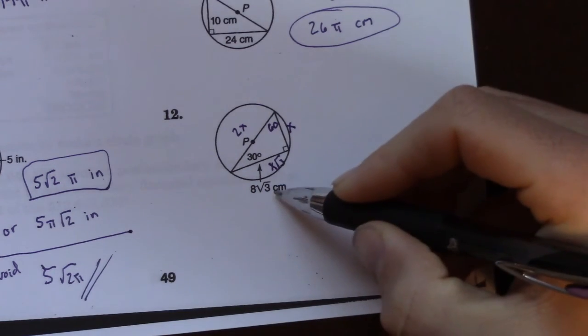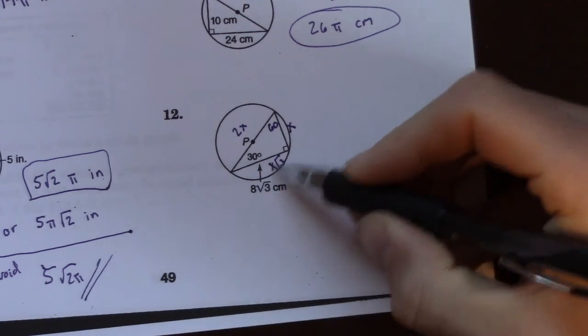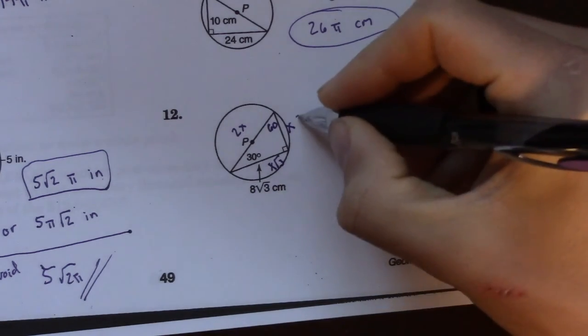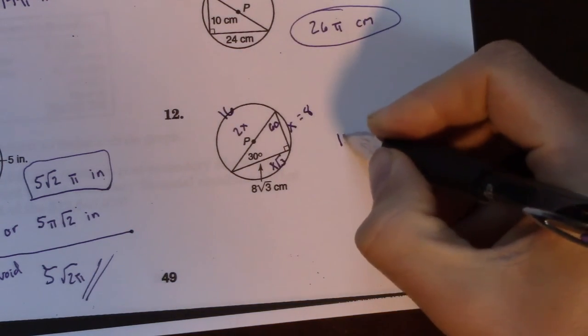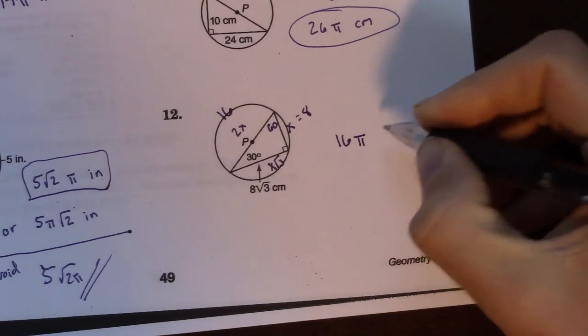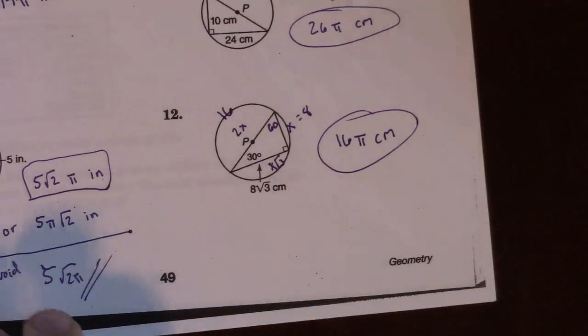So if 8 root 3 is equal to x root 3, well then x must be 8, in which case this side over here is 8 and this side over here is 16. So at that point you've got your diameter of 16, throw your pi on there, your centimeters, and you are done. And that is page 1.